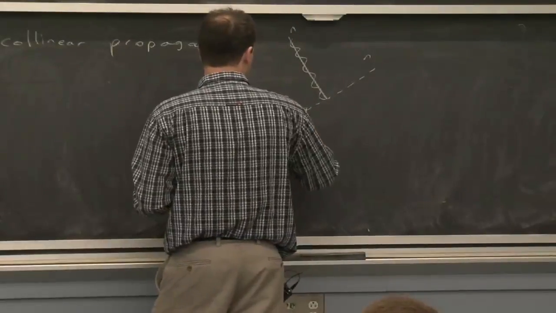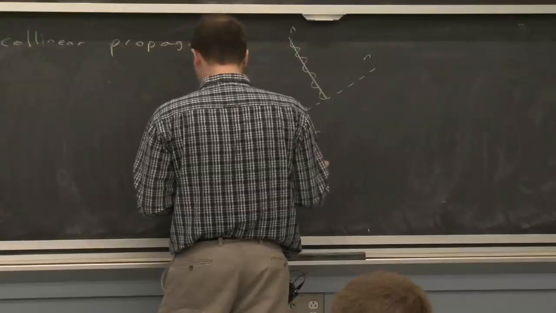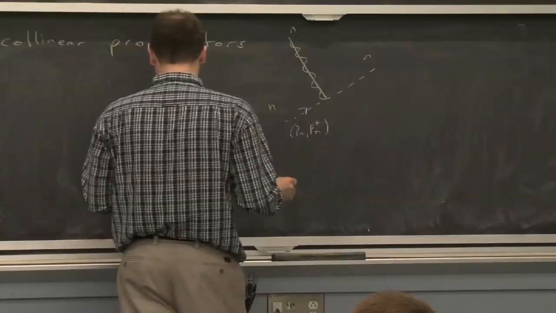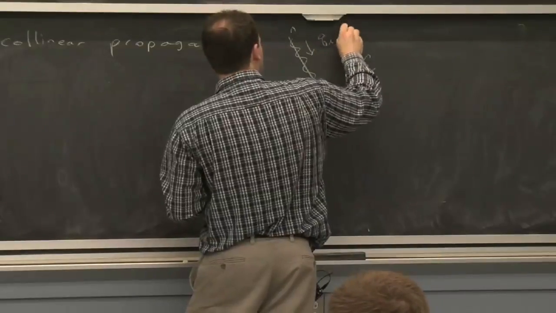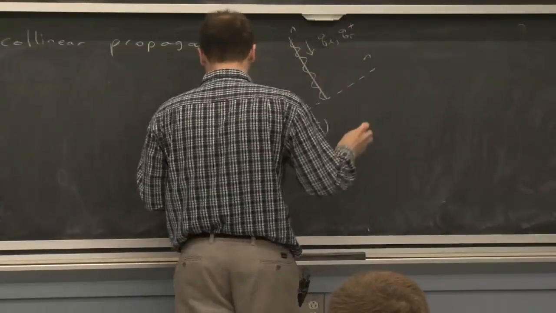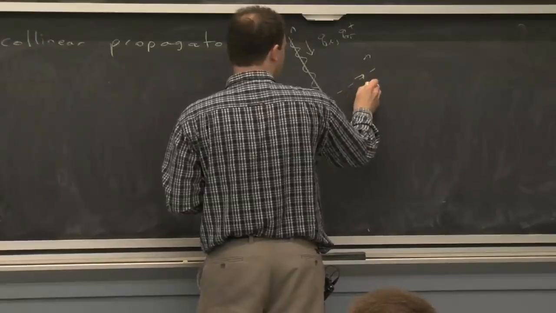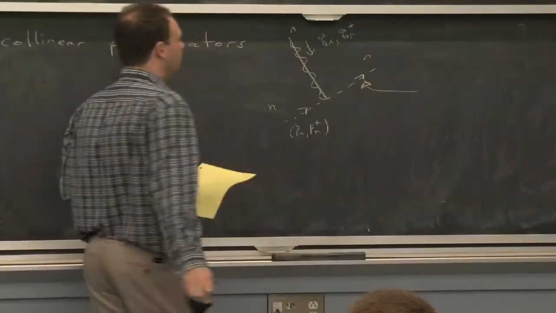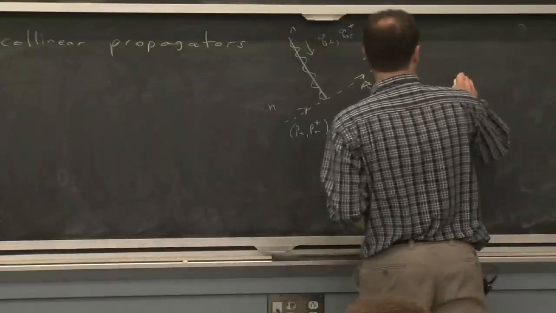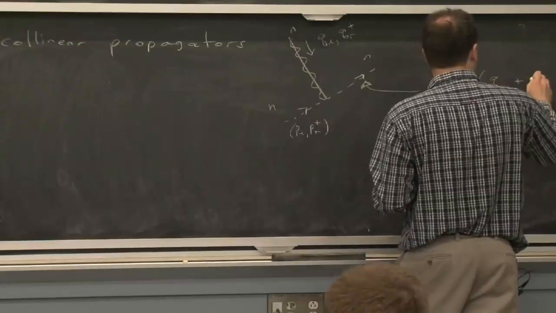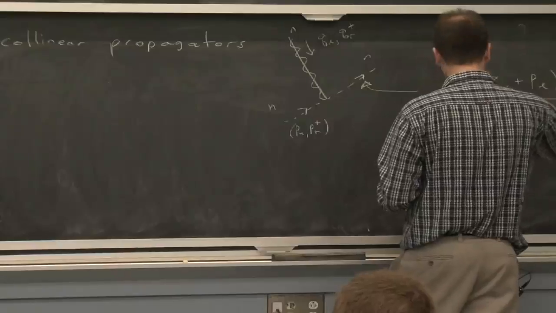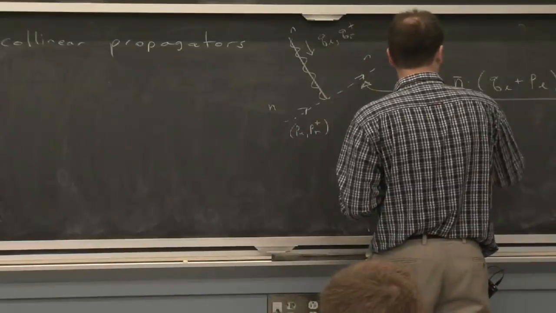This is some guy that's P_L, P_R, and let me just take it to be P_R plus for convenience. Then if you look at this guy and you ask what that propagator is, it comes out exactly how we want it to come out.